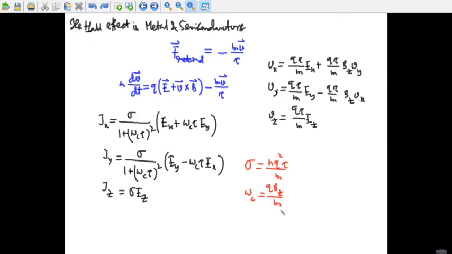In the expression for the conductivity sigma, it may seem that all we have done is to replace one unknown quantity v with another, tau, but the parameter tau is called the relaxation time, and the angular frequency omega c is known as the cyclotron frequency.